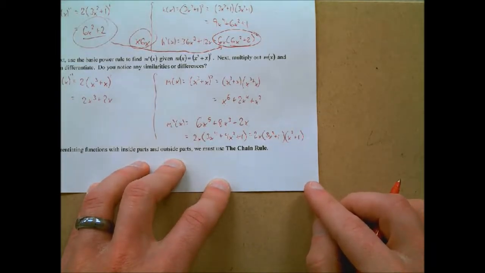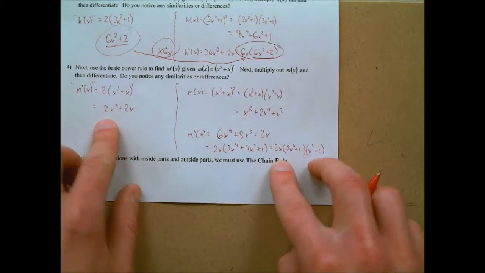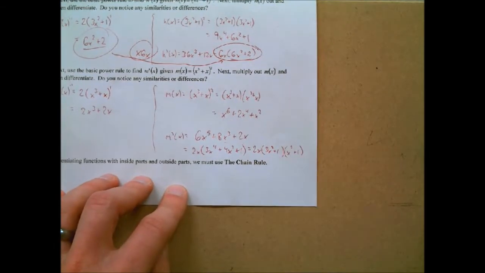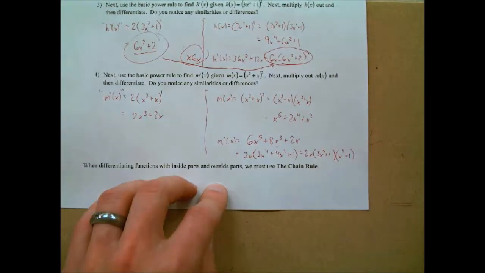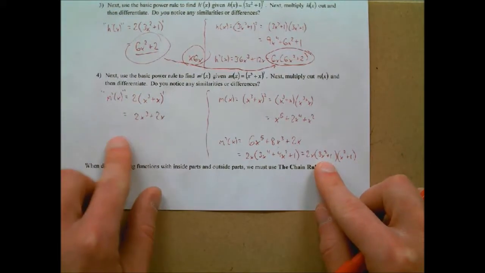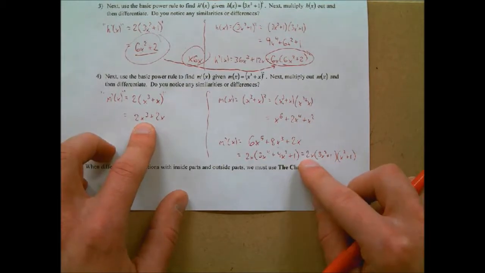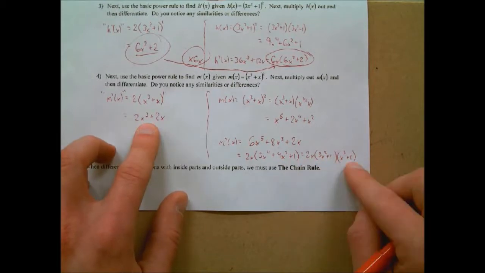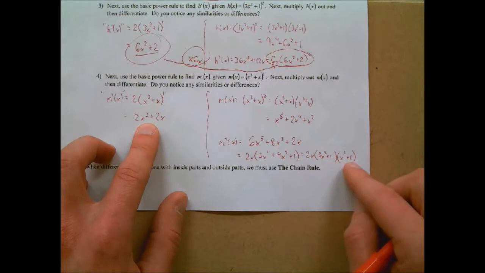So you can see, well, maybe you can't, but I'll point it out here. There it is factored. Now if we compare the factored version of the actual derivative to our shortcut, what is our shortcut missing that this one has? Can you see it? The 3x squared plus 1.